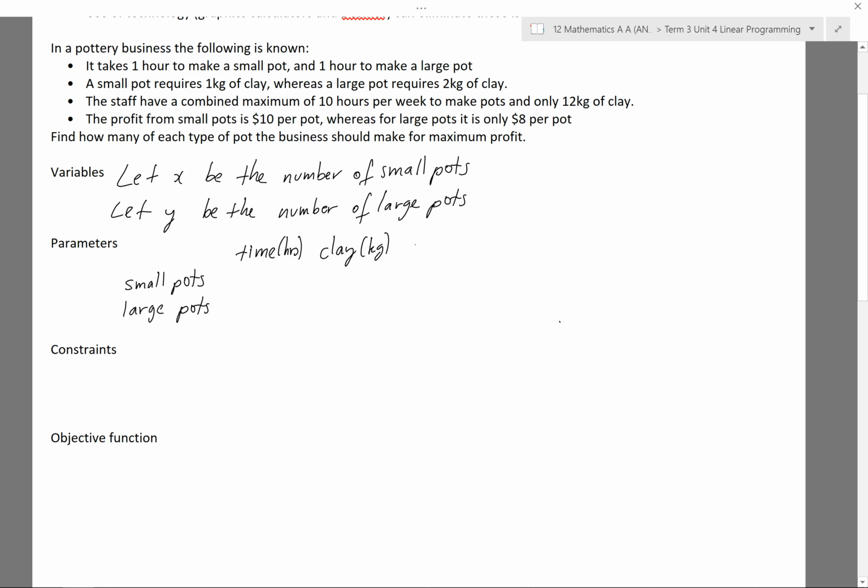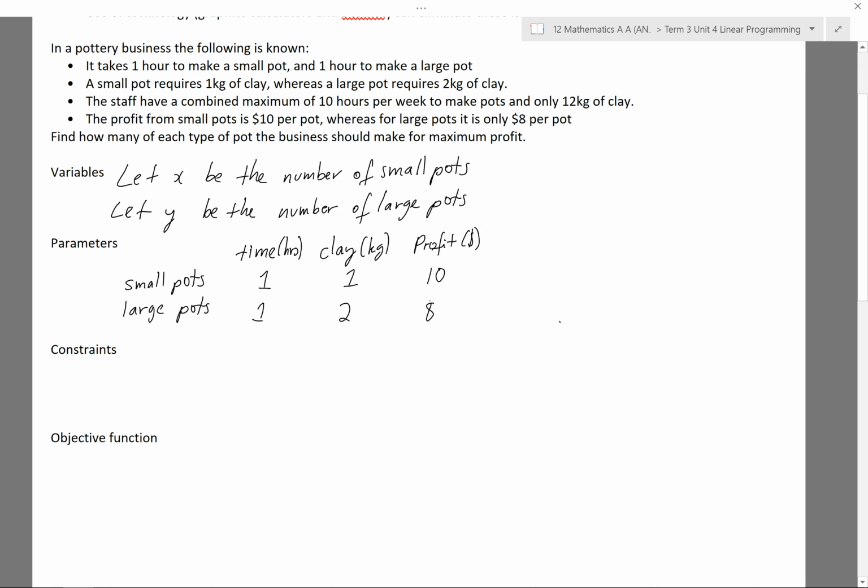I also know the amount of profit in dollars that I'll make for selling each type. The time for a small pot is 1 hour, a large pot is 1 hour. The amount of clay required for a small pot is 1 kilogram, but we need 2 kilograms for the large ones. And the profit from the small pot is $10, whereas it's only $8 for the large pot.